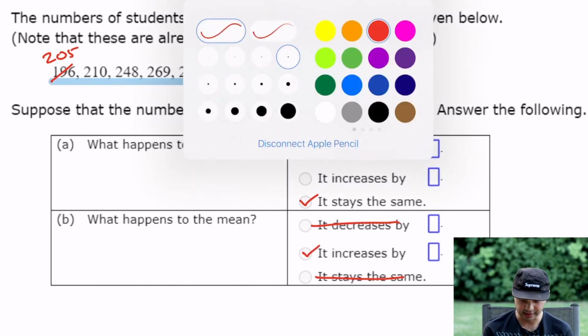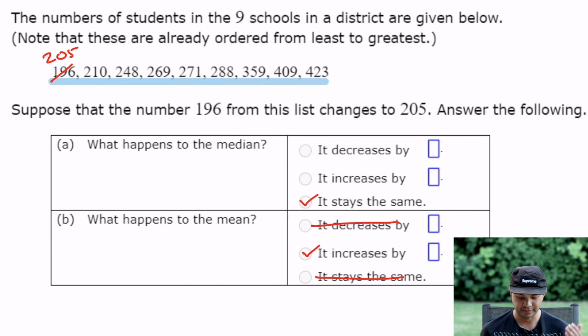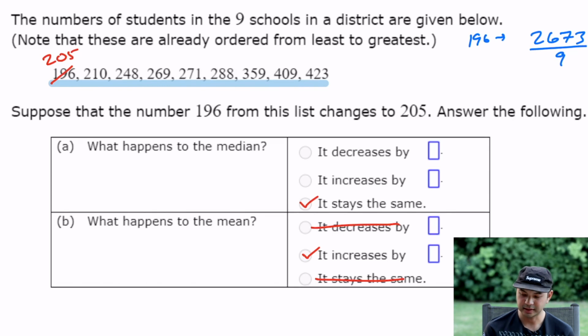So in order to do that, you can find the mean first with 196, and then find the mean with 205. All right, so with 196, it's 2,673 divided by 9, because there are 9 schools, and I get 297.